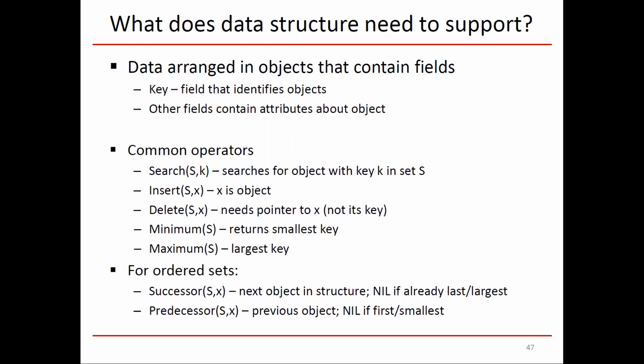But note that if you're already the last object in the structure, there's no successor, so you'll return a nil, an empty type of pointer. And if you're the first object, that's what you're pointing to in the pointer X, there's no predecessor. And again, you'll need a nil.